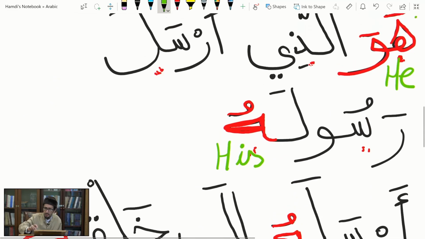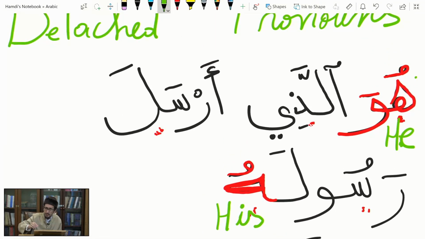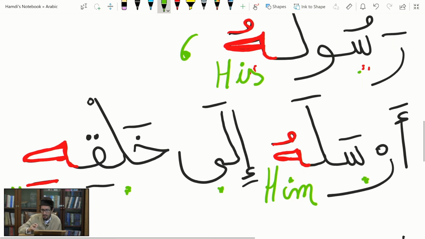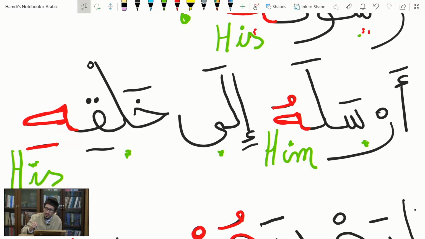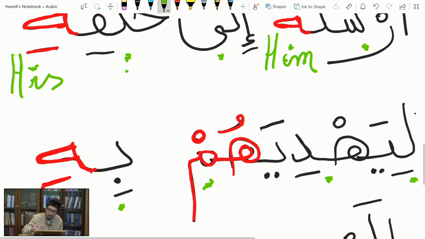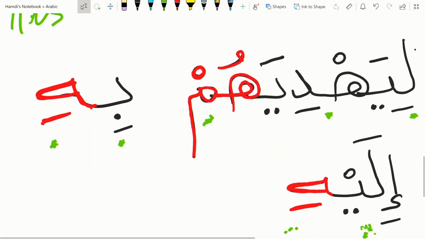Repeat. It's he who has sent his messenger, full stop or comma, he has sent him to his creation to guide them by him towards him.